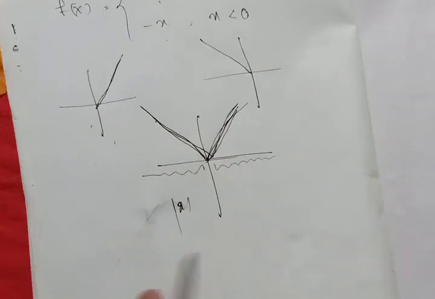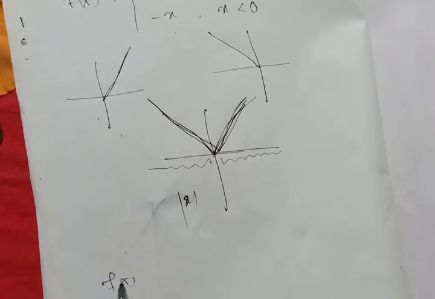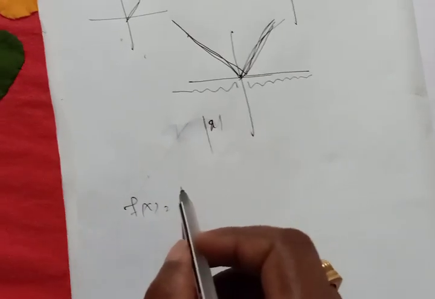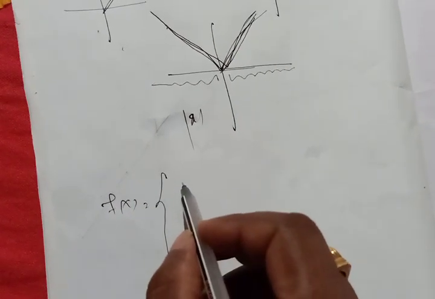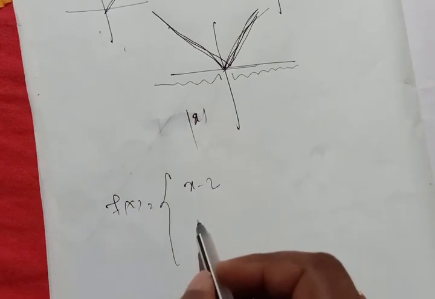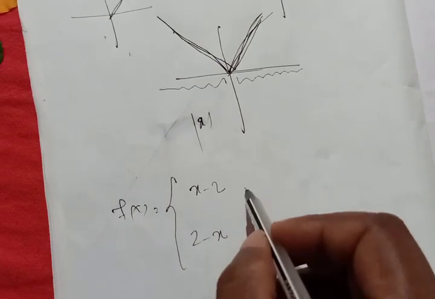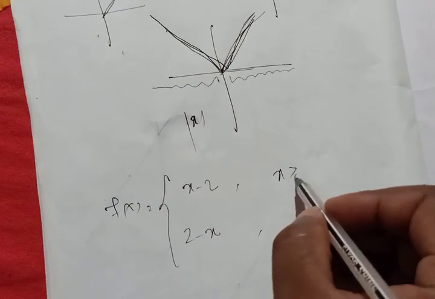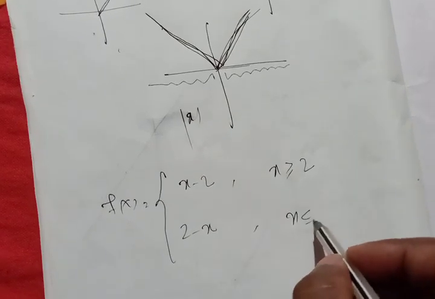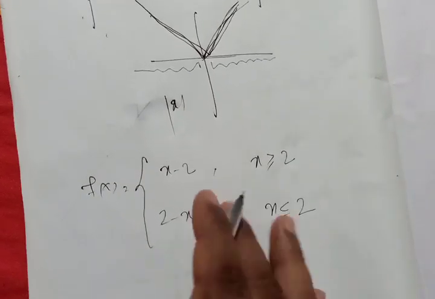Now if you try to draw the graph of f(x) equal to x minus 2 when x is greater than or equal to 2, and 2 minus x when x is less than or equal to 2, what do we have here?